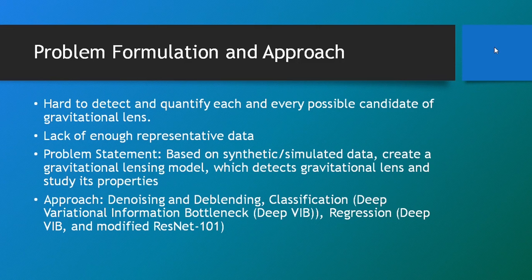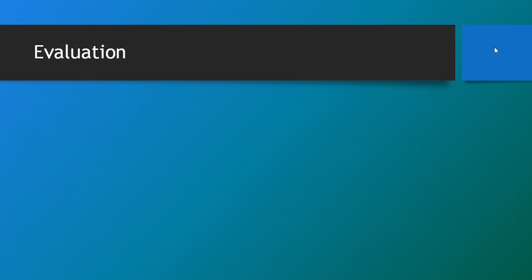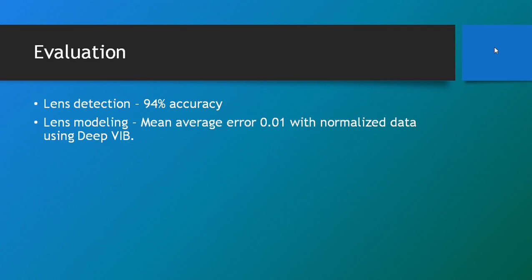These models are some of the recent models which have been built up in machine learning. The resultant model has a whopping 94% accuracy of detecting a gravitational lens and a mean average error of 0.01 with normalized data using deep VIB.